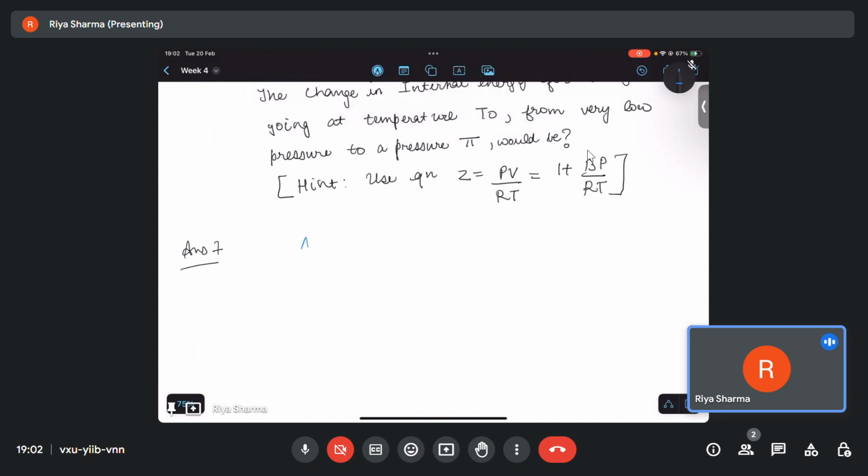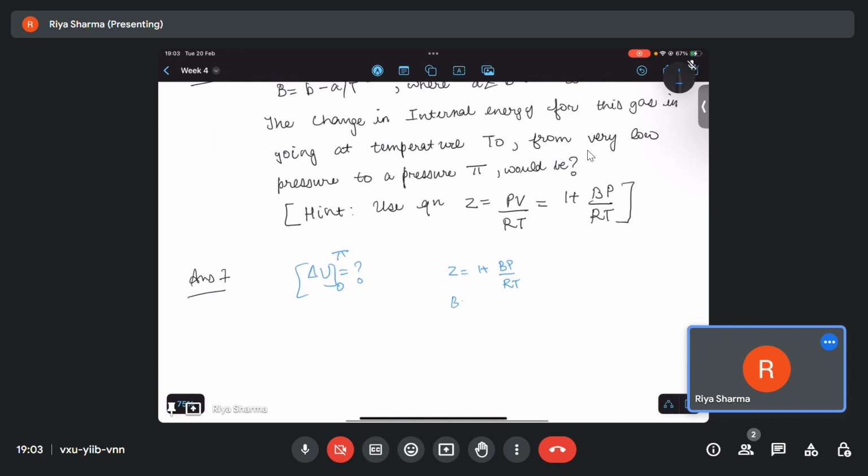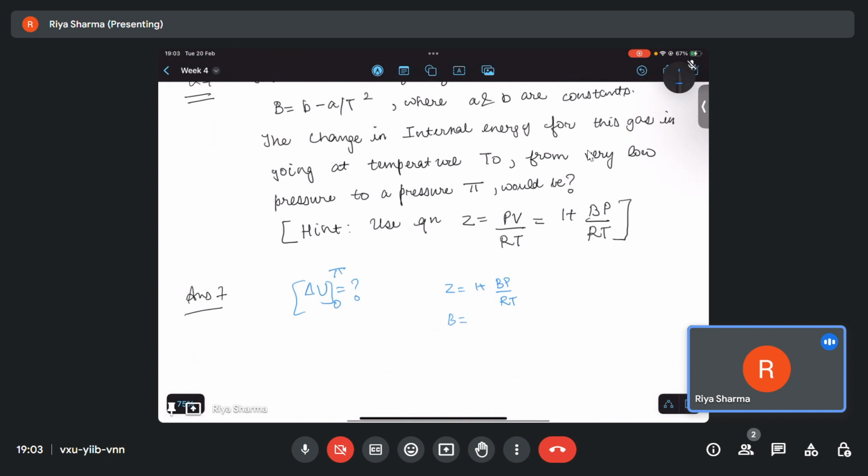What the question wants is delta U from 0 to pi. What you have been given, that we already know, is the second virial coefficient B equals b minus a by T square, and this is at T naught temperature.